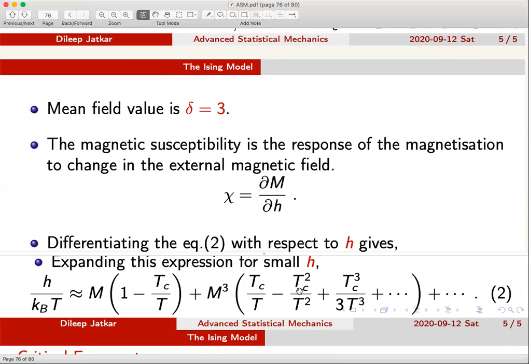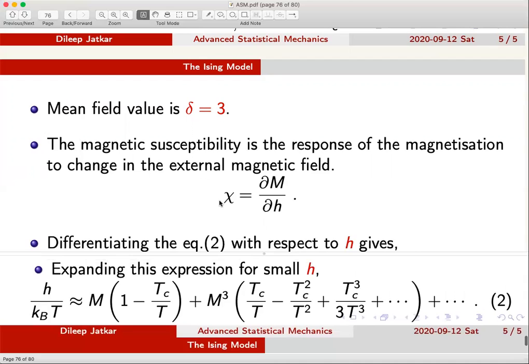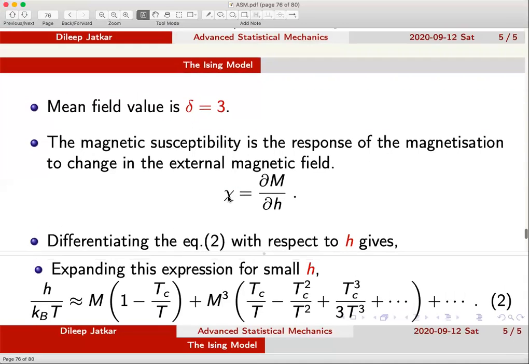So here's equation 2 again. To determine chi, we will differentiate this expression with respect to H. That will give you del M by del H at various places.